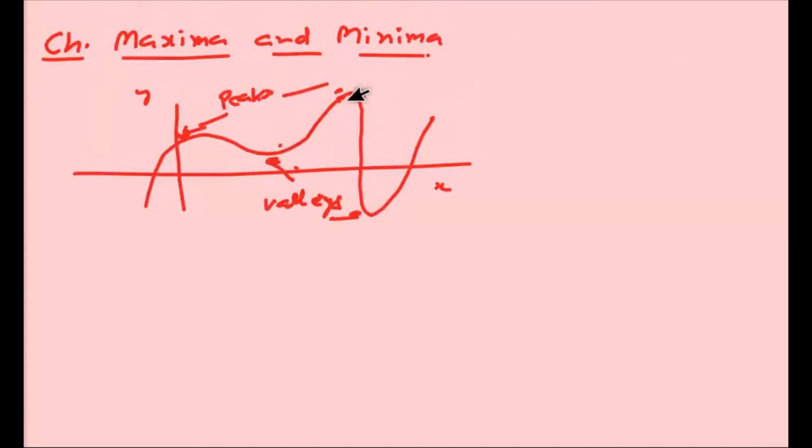There is a comparison, and there is a relative maximum or relative minimum. The peaks here are compared to this, and this peak is also compared to this. So these are valleys and these are peaks.